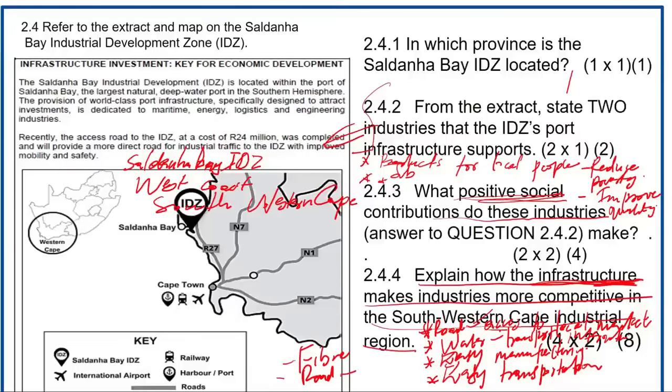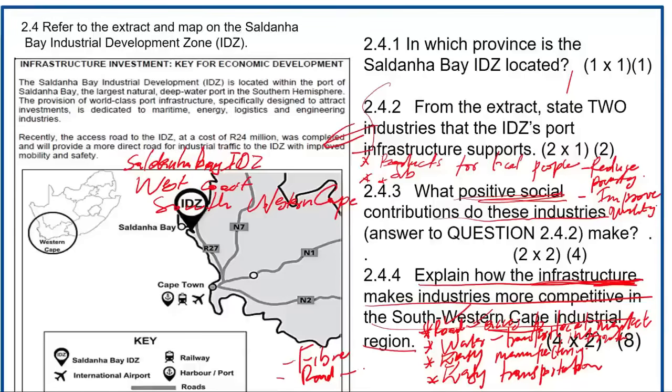Already from road, we said road gives access to the local market. We said road makes it easy to transport raw material, and a well-developed road infrastructure reduces traffic congestion. Therefore, there's going to be less traffic congestion, and because of that, it makes it easy to transport perishable goods.